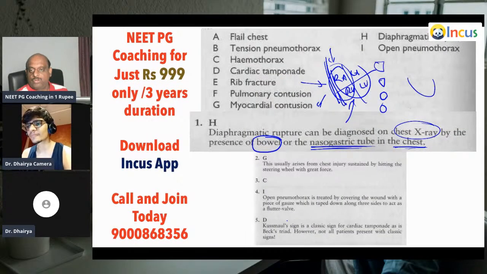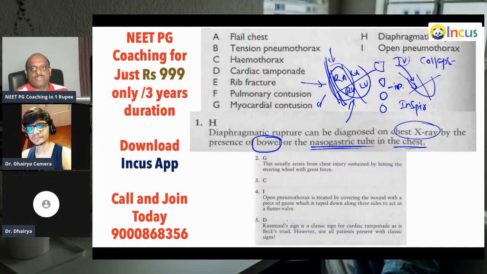So, normally, if you take the heart, the jugular vein is draining, and whenever we take inspiration, it creates a negative intrathoracic pressure, which sucks the blood from the jugular vein, and the jugular vein is expected to collapse on inspiration. But whenever there is a cardiac tamponade, there's a lot of blood around the heart, which prevents the right atrial blood from flowing into the right ventricle.